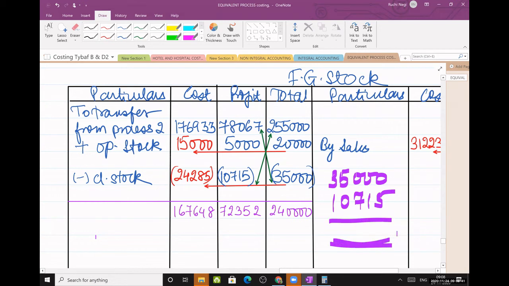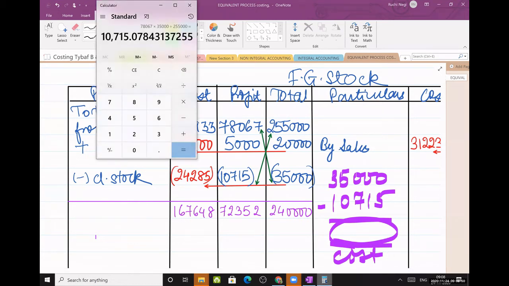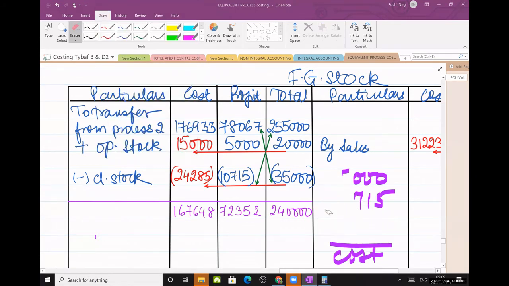Subtract what remains. That is your cost, the closing stock value at cost. How much is it? 24,284.9, around 24,285. This is the basic way to say it.